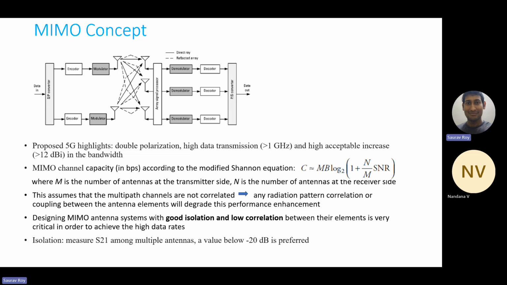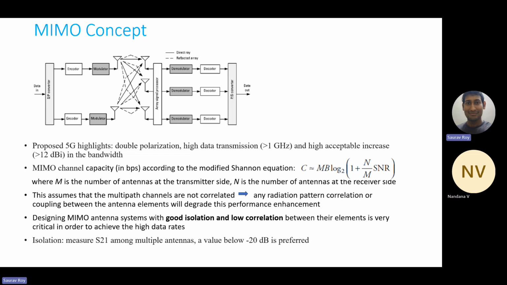But the MIMO concept is different. MIMO is specially designed for communication. So now there are some communication equations and concepts. There is Shannon's law, the channel capacity law.